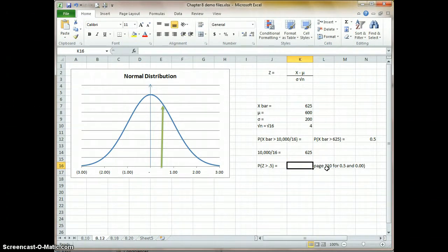So let's go look at page 310 again in your book. And we can see that 0.5 under the z-score, and for 0.00 is 0.6915.